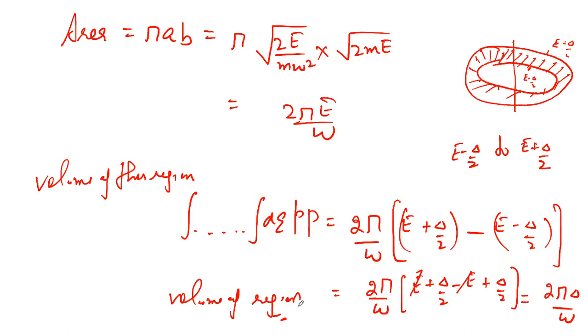Since it is a one-dimensional problem, the volume is equal to the area of this phase space. So the area of phase space between these trajectories is equal to 2 pi delta by omega.